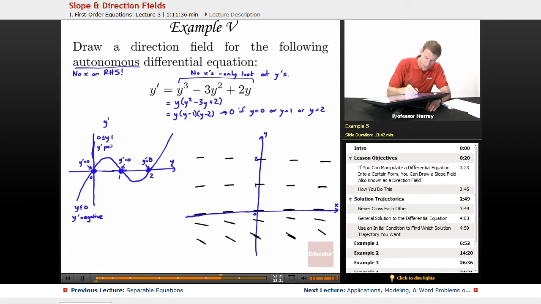So I'm going to see some positive slopes in between 0 and 1. So I go in between 0 and 1 here, and I'm going to draw some positive slopes. Draw some more gently positive slopes here because they're approaching 0. And some more gently positive slopes here because they're approaching 0 as well.